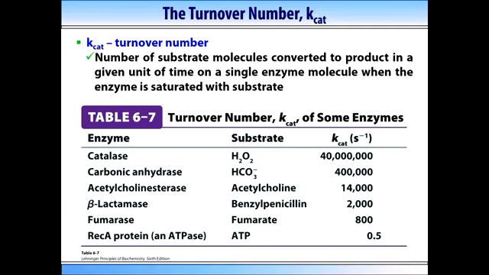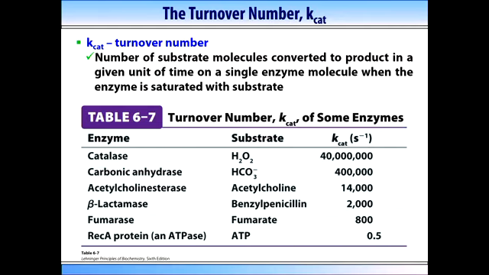So basically it's how many molecules of substrate the enzyme can crunch per unit of time, for example per 1 second. Usually it's measured per second. We can see that some enzymes like catalase have an insane number of cycles per second, while some other ones have a relatively small number of cycles per second.